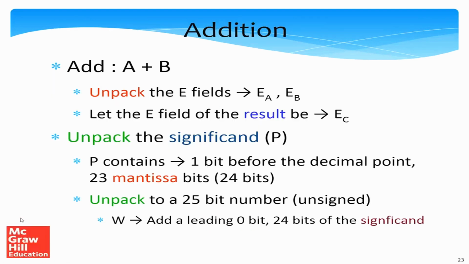Let us now take a look at floating point addition. First, let's consider the inputs. We are given two 32-bit inputs. The format is as follows: a 1-bit sign bit, a 23-bit mantissa, and an 8-bit exponent field, where the exponent is stored in bias notation.